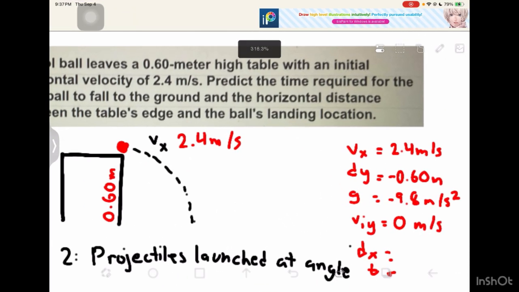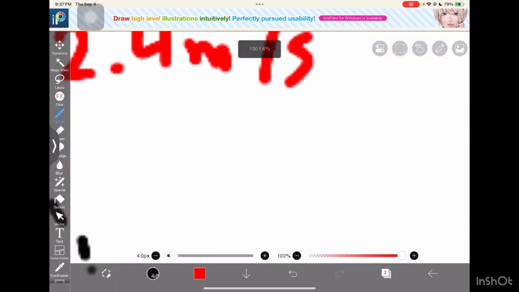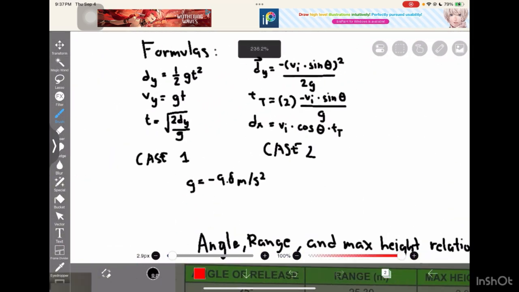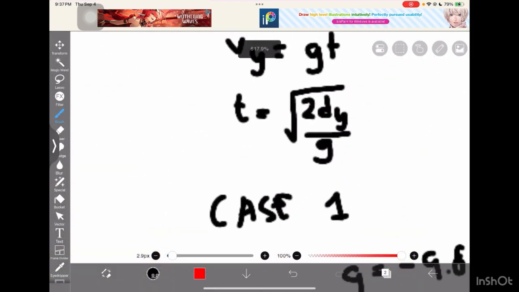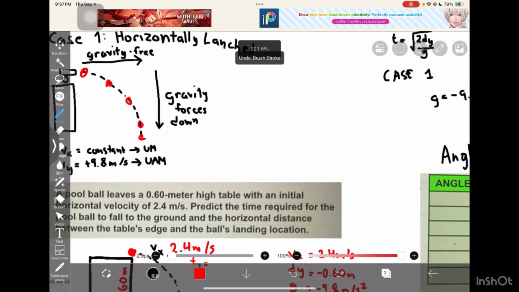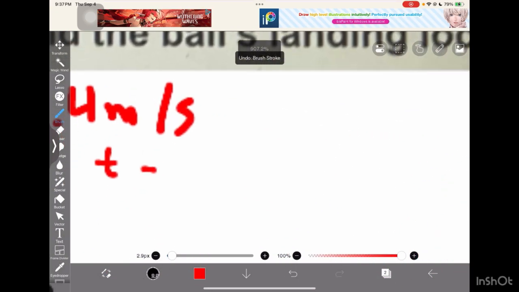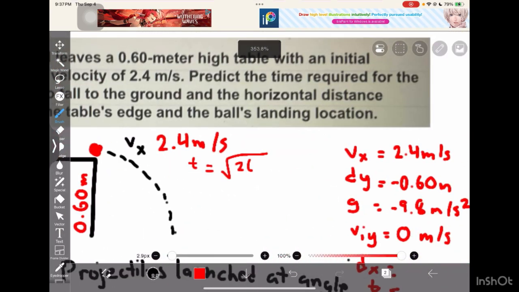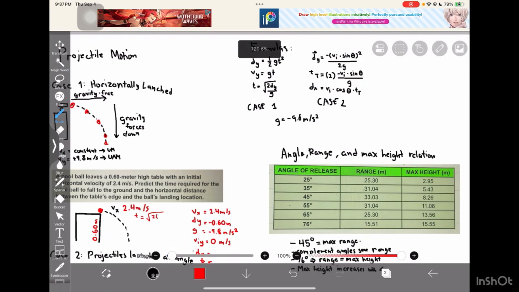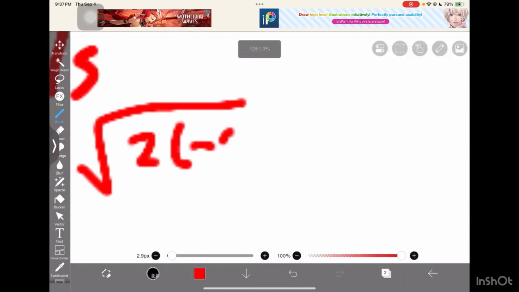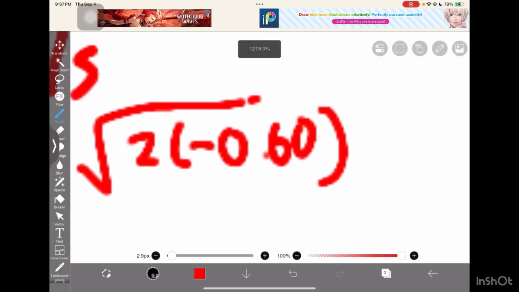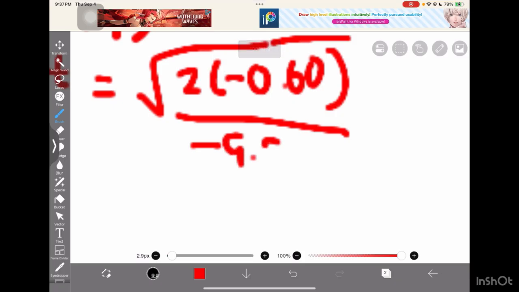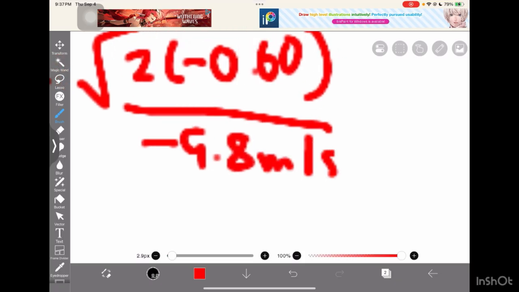Okay, good. So we can use this formula over here. t is equal to the square root of 2 times d sub y, which is negative 0.60, all over g, which is negative 9.8 meters per second squared.